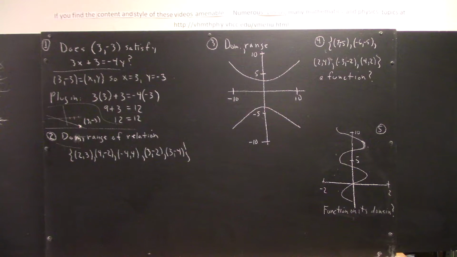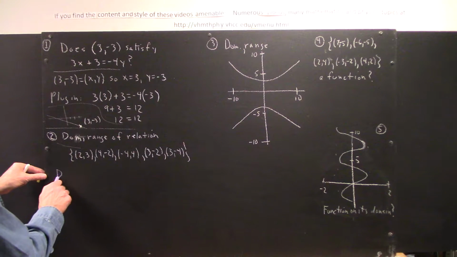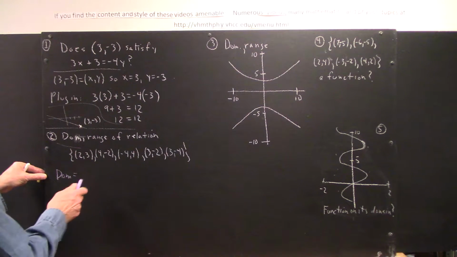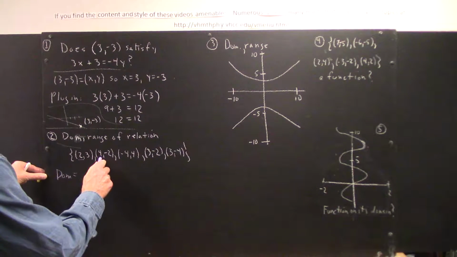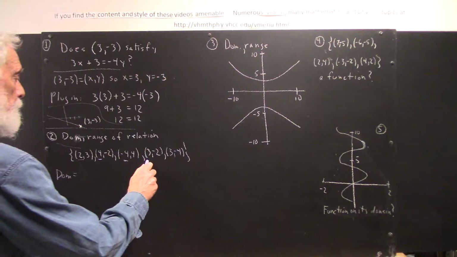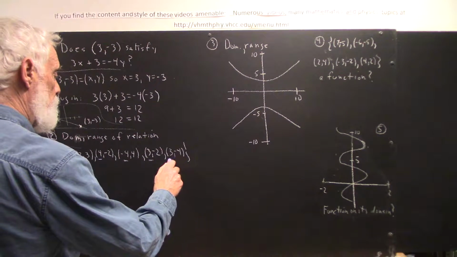Well, the domain consists of all the first coordinates. So the domain is what? First coordinates are 2, 4, -4, 3, and 3.